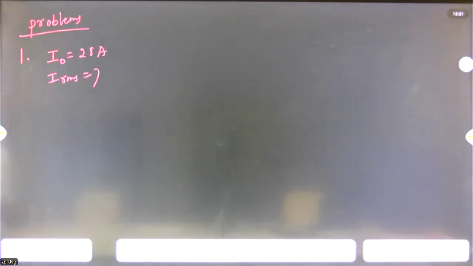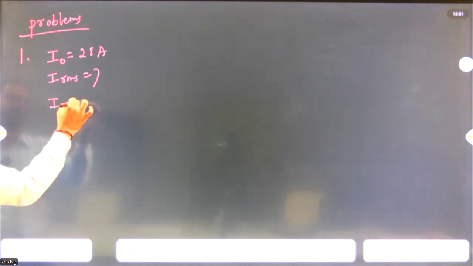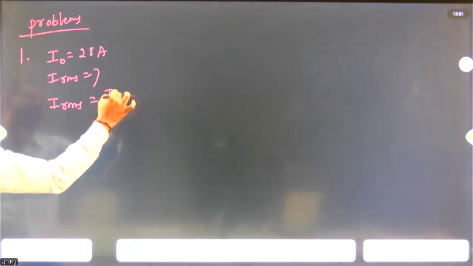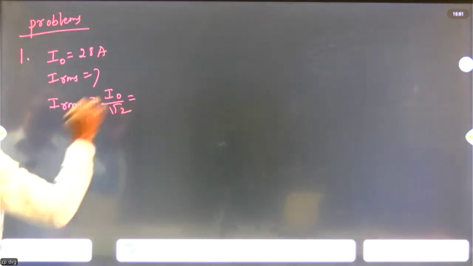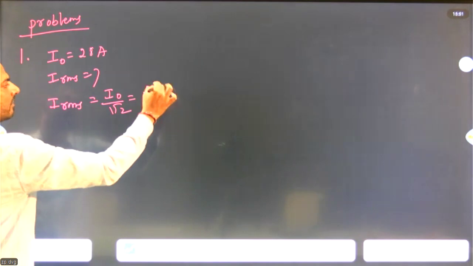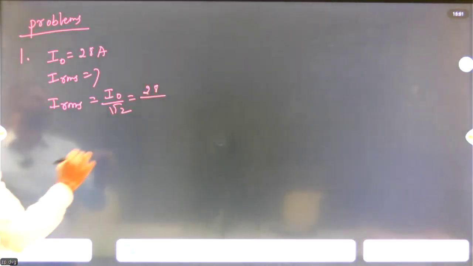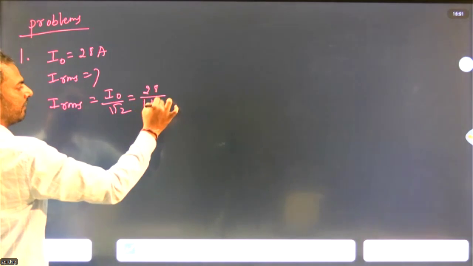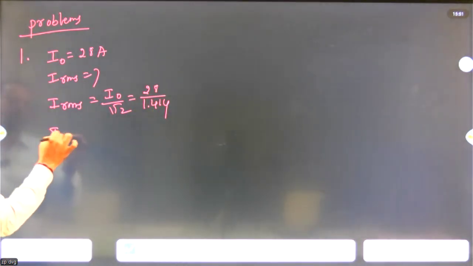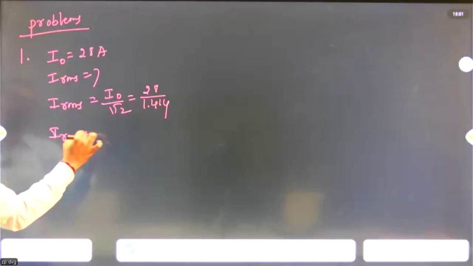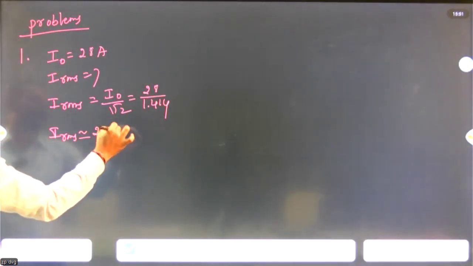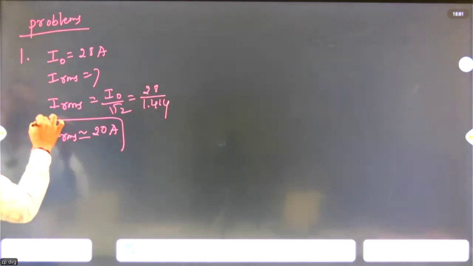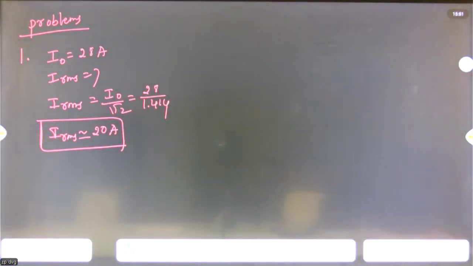We know the relation between IRMS and I0: IRMS is equal to I0 by root 2. I0 is 28 ampere. The value of root 2 is 1.414. IRMS is nearly equal to 20 amps. That is the RMS value of current.